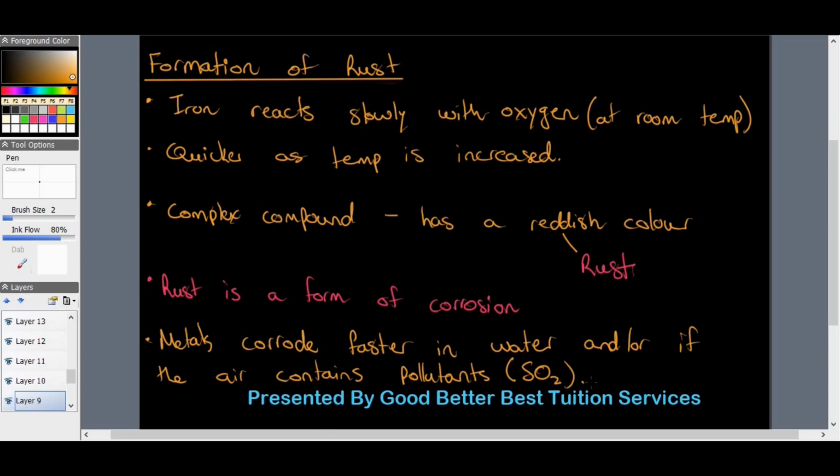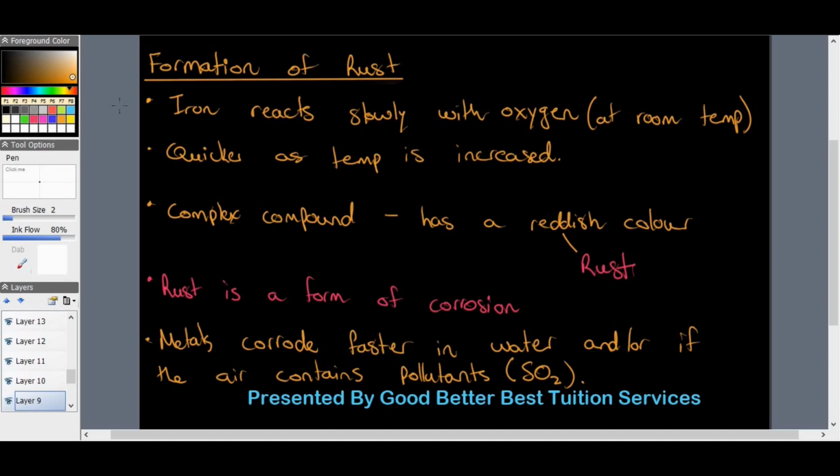So rust is a different kind of oxide of iron, and we say that rust is a hydrated oxide of iron. Do we all know what the word hydrated means? Hydrated basically means it's chemically combined with water.